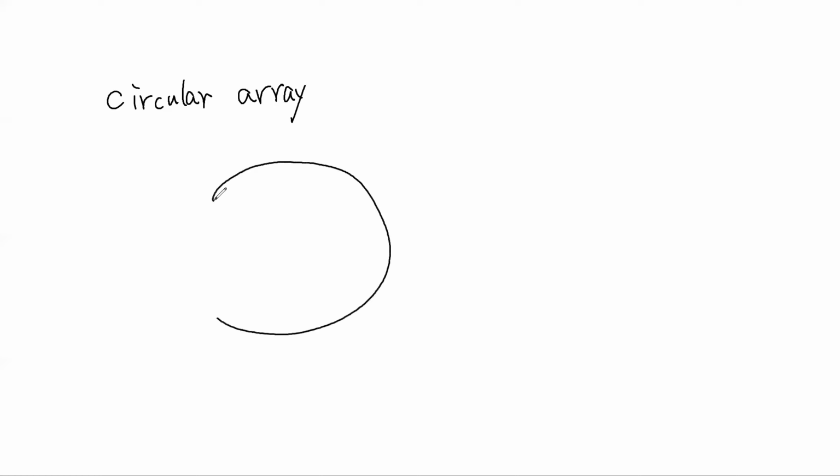So how do we solve the issue? Here we come to a new concept, a very useful concept called circular array. Let's see, I'm going to redraw. We still have an array, and the capacity is 6.